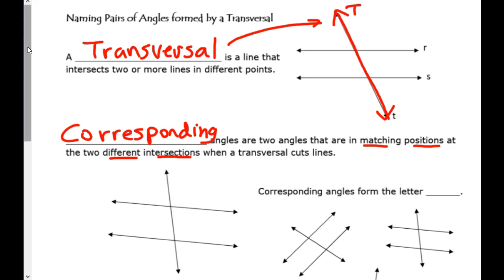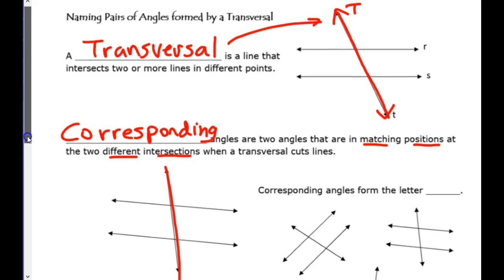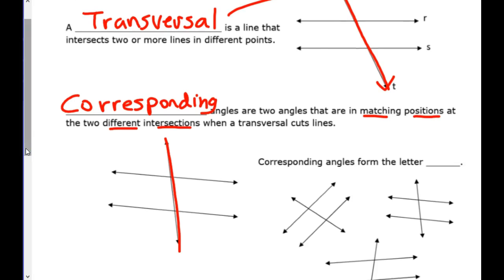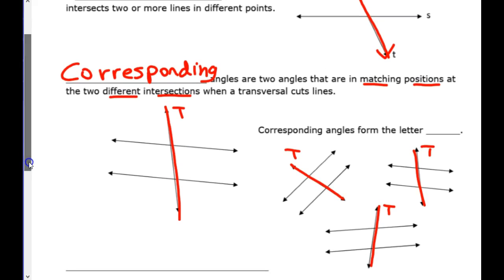My first one, there's the line that crosses 2 other lines. That's my T transversal. There's the line that crosses 2 lines, transversal. So there's the picture for all my transversals.